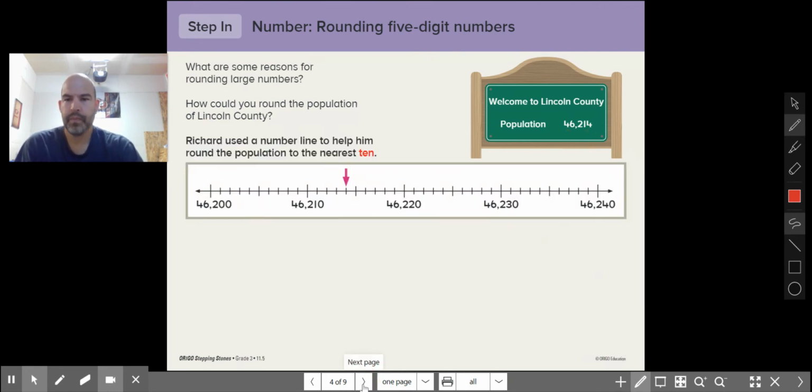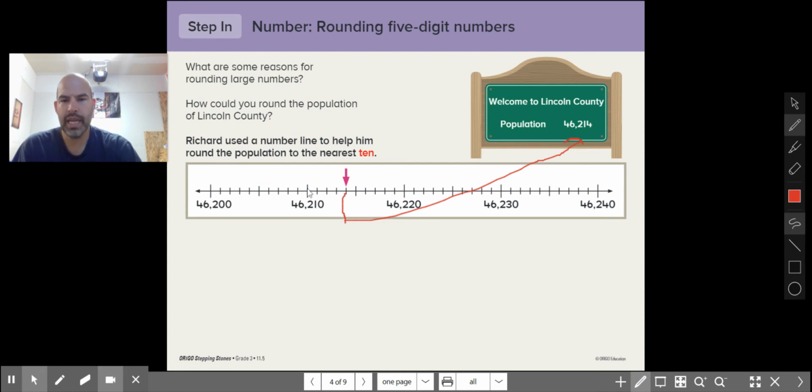Now, right here it says, Richard used a number line to help him round the population to the nearest 10. We kind of did an example of that a moment ago, but right here is the number that correlates to this number here, right?